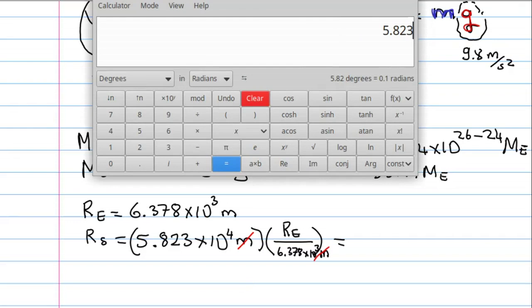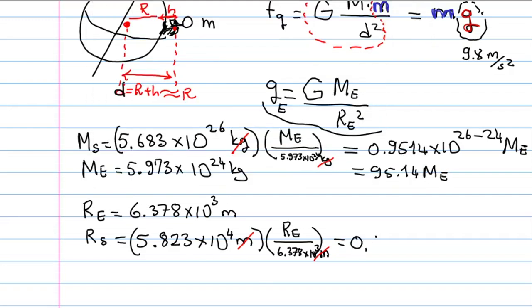5.823 divided by 6.378. That gives us 0.91298, so I'm going to round it to 0.9130 times 10 to the 4 minus 3 radius of Earth.